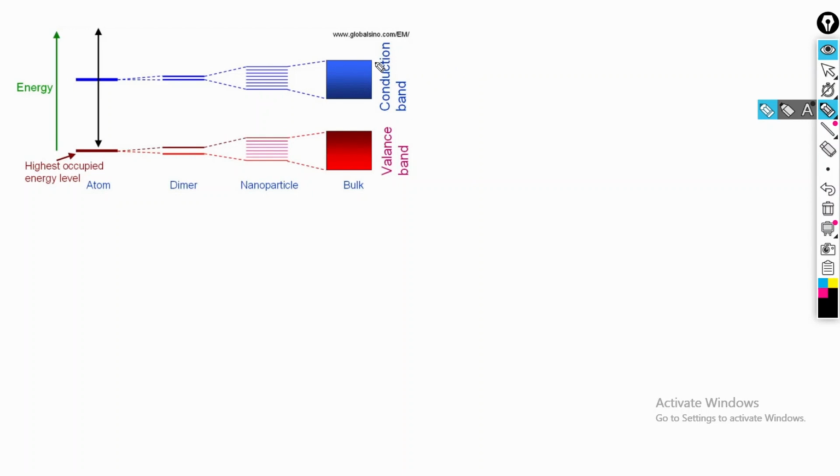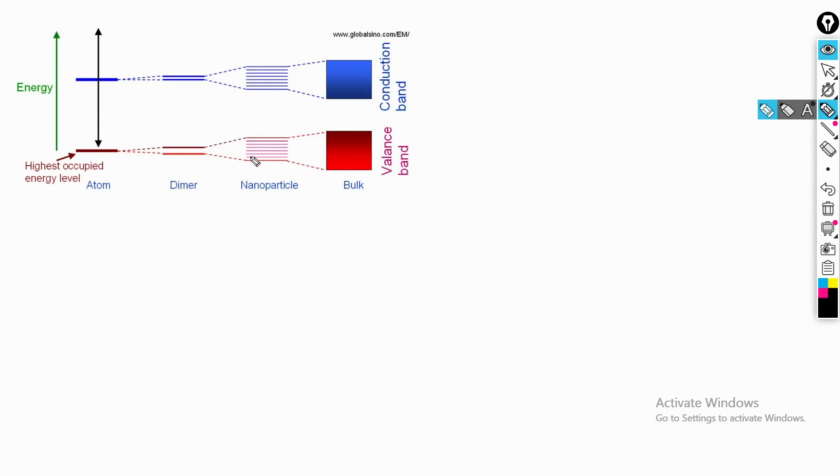So let's say this is one shell, this is the other shell or orbit. This is for the single atom. If we combine this atom with another atom, then the energy level of this single atom will be split into these two.